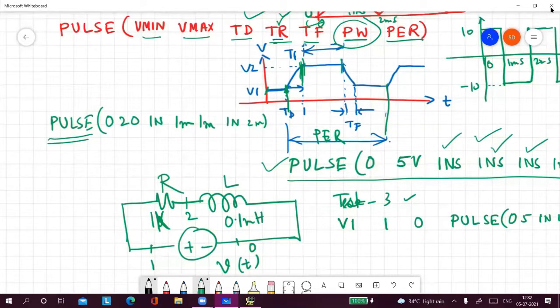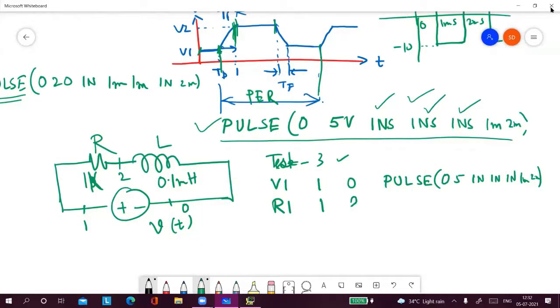Then R1 1 2 with 1 kilo ohm, L1 2 0 with 0.1 millihenry. That completes the circuit description, then the dot tran command.